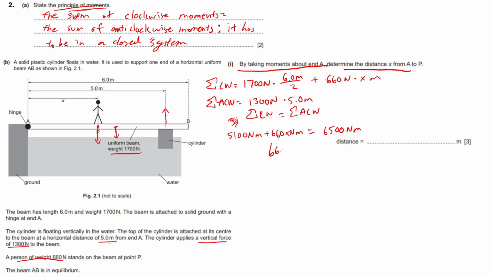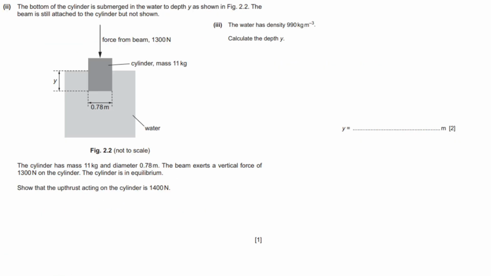We can go ahead and solve for x. So 660x is equal to 1400, thus x is equal to 2.1, rounded to 2 sig figs.